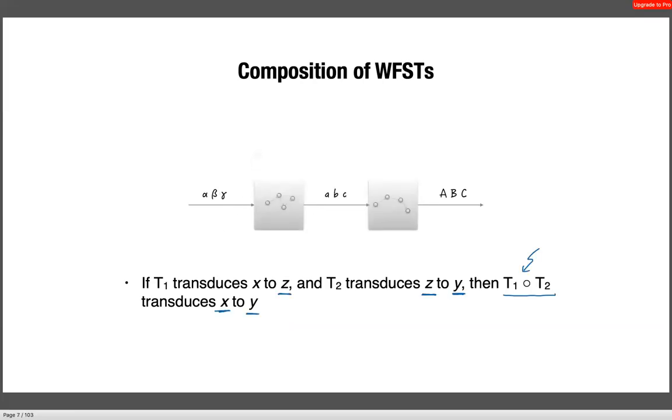So going back, if I had two machines, here T1 and T2, I have an input string alpha, beta, gamma, which is transduced to the output string small abc. And T2 takes the small abc as input and then produces capital ABC. Then the composed machine would be one machine which takes alpha, beta, gamma as the input string and directly produces capital ABC as the output string.